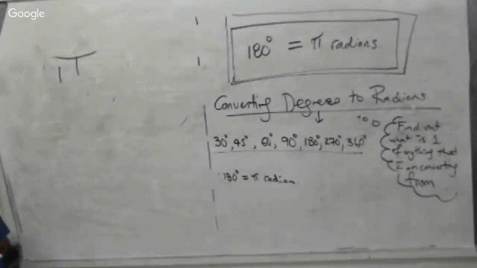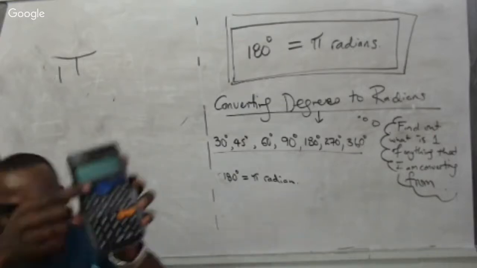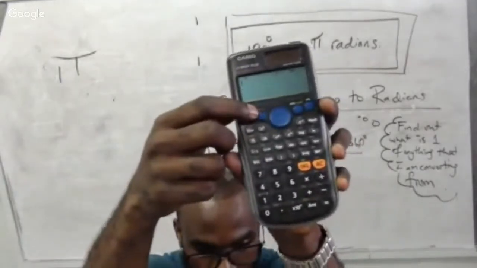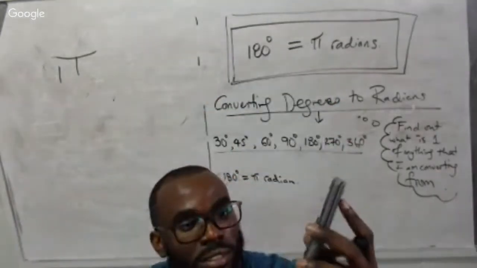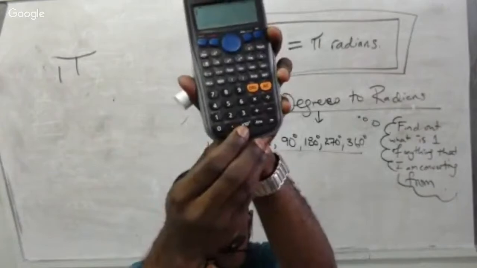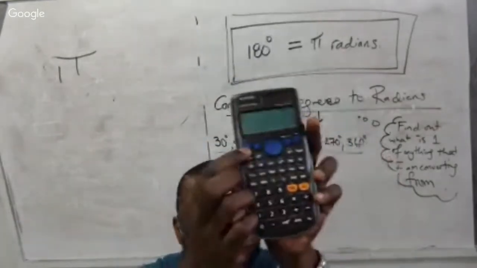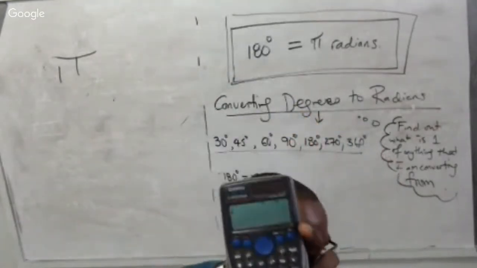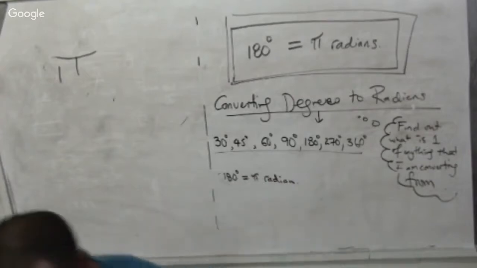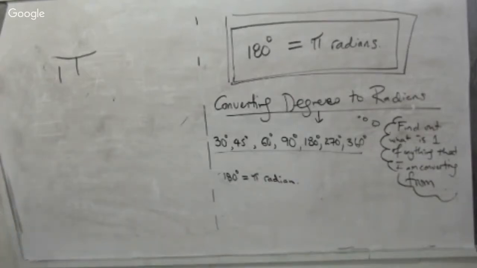If it's in red, you have to press alpha. If it's in orange, like the pi, you have to press shift. So you press shift on that button and pi will come up.